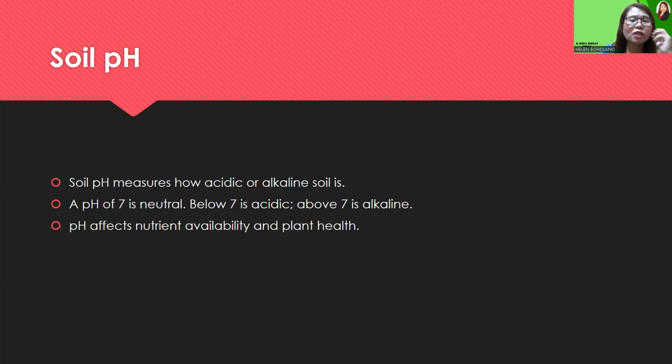So we need to measure the pH so that we know that this is good for that particular plant. So remember, 7 is neutral, below is acidic, and above is alkaline. pH affects nutrient availability and plant health. That's why we need to know its measurement.